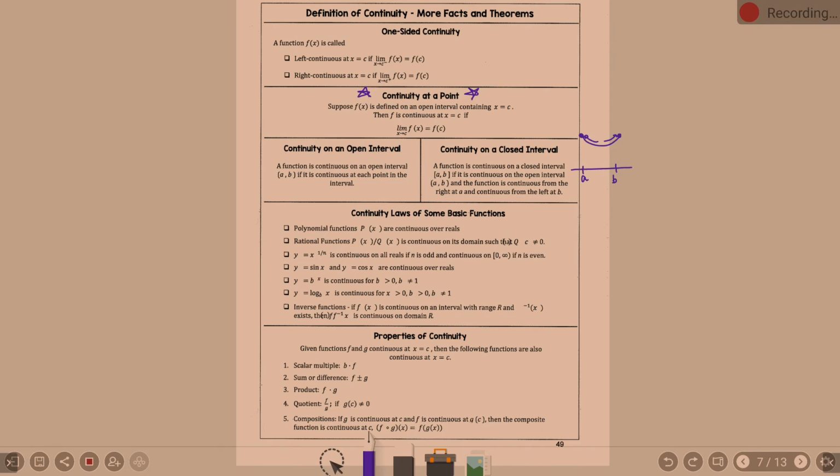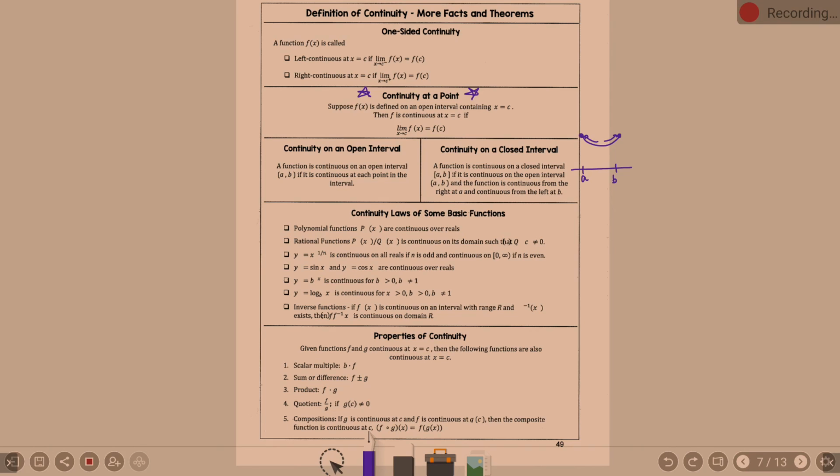Now we have continuity laws of some basic functions. One thing you can always use to your advantage: polynomial functions are continuous over the real numbers. Polynomials, if you recall from algebra, are just the addition and subtraction of regular terms, something like x to the fifth minus 4x squared plus 2x minus 3.